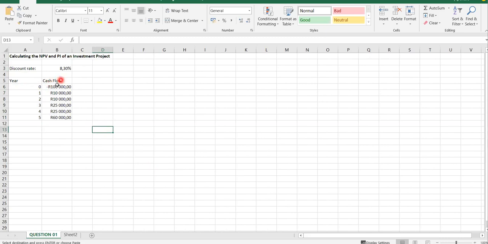Then on my cash flows, of course, the first one is going to be on year 0, which is the initial investment. The initial investment, you put it as a negative because it represents an outgo. Then the other cash flows I just copied and pasted here: 10,000, 10,000, 25, 25, and 60,000.